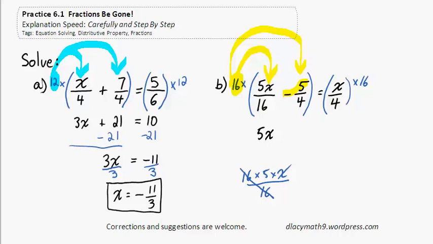And 16 times negative 5, don't forget the sign there, over 4 works out to 4 times negative 5, which is negative 20. Well, that's equal to x times 16 divided by 4, which is the same as x times 4, or simply 4x. A much simpler looking equation.